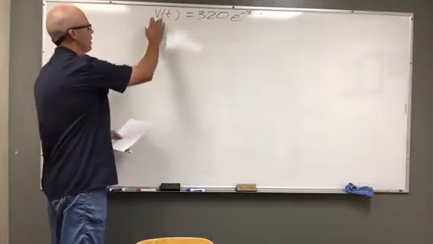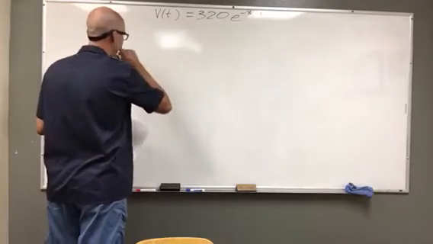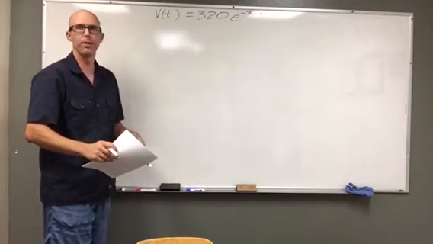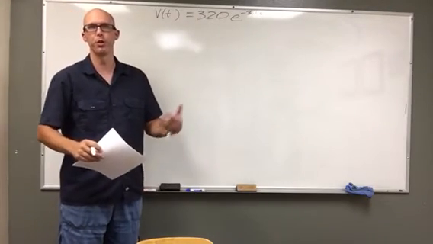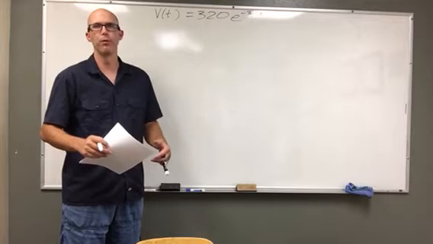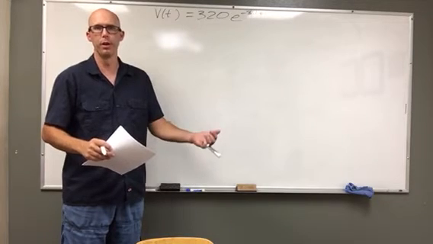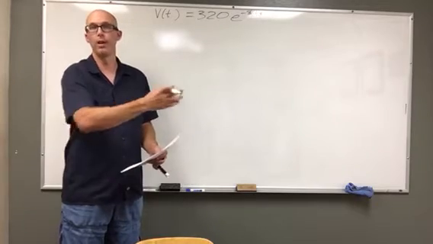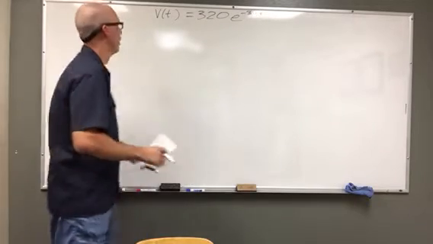Okay, this is our voltage at time t. So first, let's find the exact time that the voltage is 200. Then we'll find the exact time that the voltage is 100, and then we'll subtract, and we'll find the time elapsed.